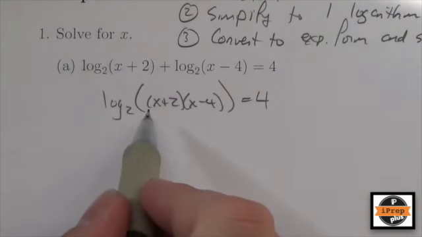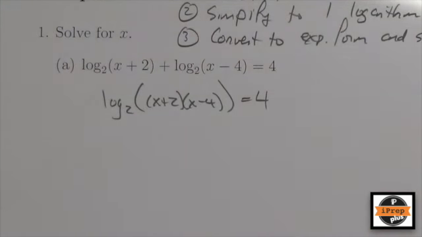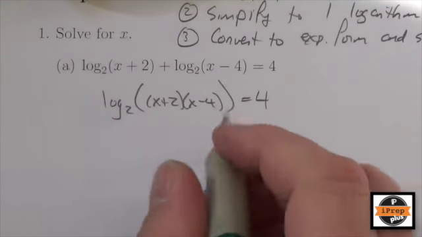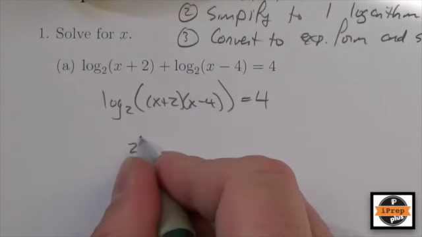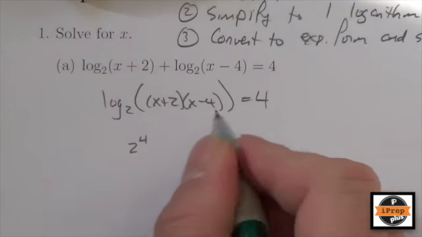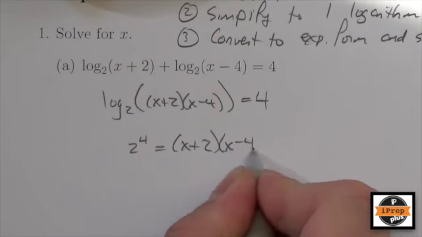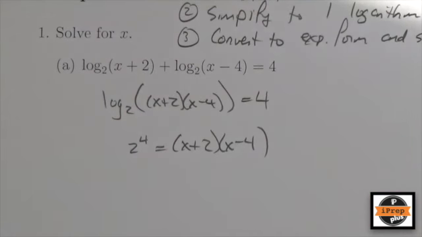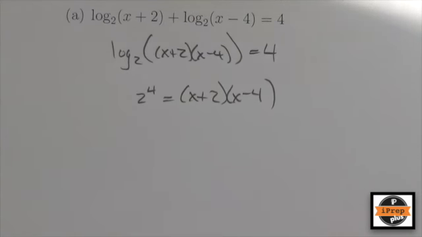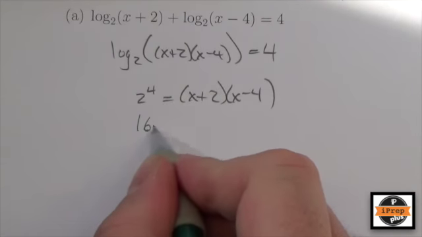Now I'm going to convert the logarithm to the exponential form, essentially to get rid of the log part of this problem. So this becomes 2 to the 4, base to the exponent, and this will equal x plus 2 times x minus 4. Now this is something that I should be quite comfortable solving. I've done this a lot of times before. This is going to be 16.